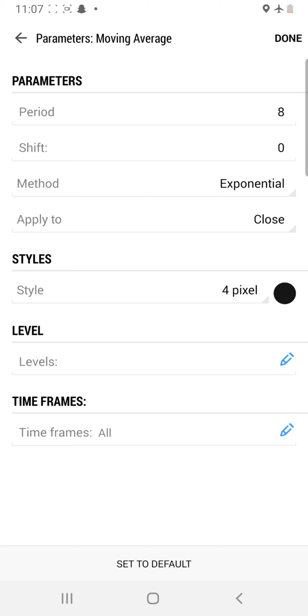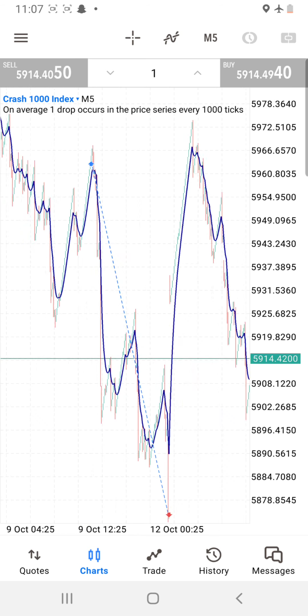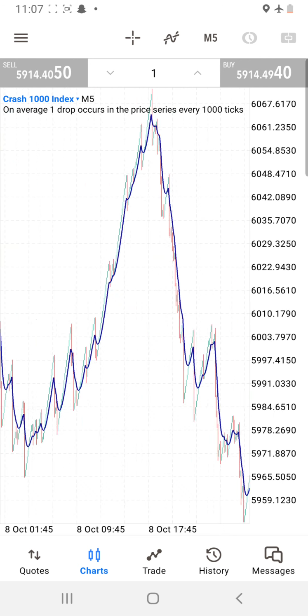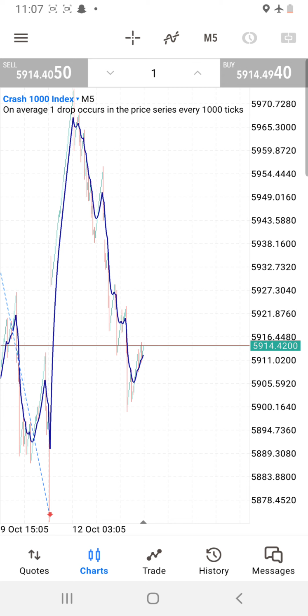We apply to close, and then I'll choose the blue color for this indicator, and we don't need any levels. You can allow it to appear on all time frames, just like all the other indicators that you're going to be using. If I click done and I go back to my chart, I should have a blue line running across my chart. You can see that line right there. That's our exponential moving average with period 8.